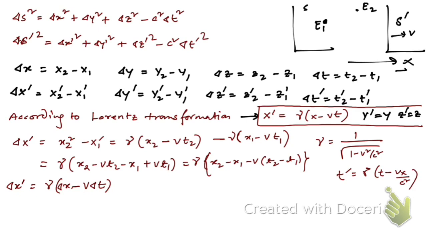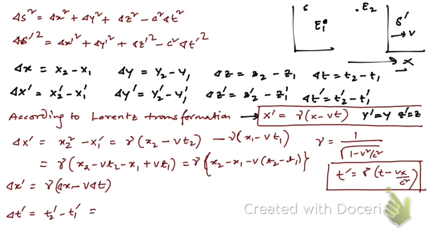This is according to Lorentz transformation in case of time. So in order to find del t dash, we know that del t dash is nothing but t2 dash minus t1 dash, right?